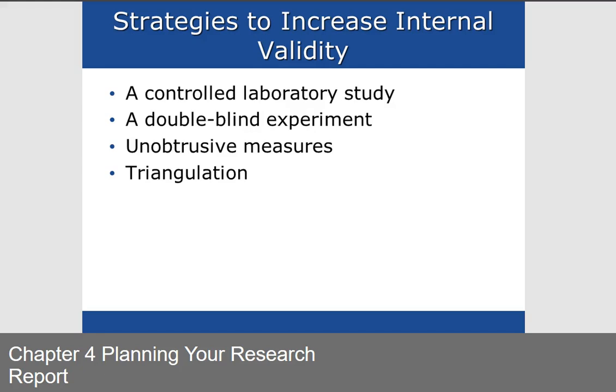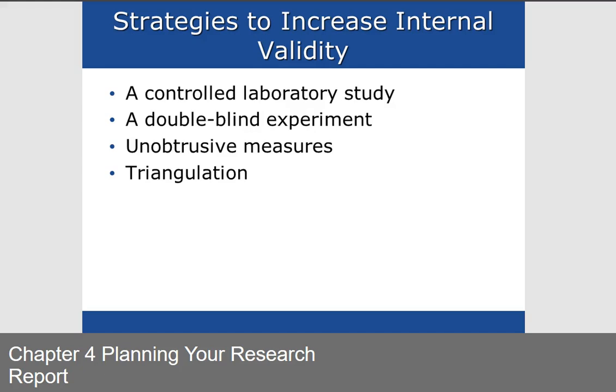So the ways in which you can increase internal validity: a controlled laboratory experiment, and a double-blind experiment, so even the people administering the study, not only your participants don't know what you're interested in investigating, but also your experimenter, your research assistant, doesn't know what they're investigating, they're just following the instructions.